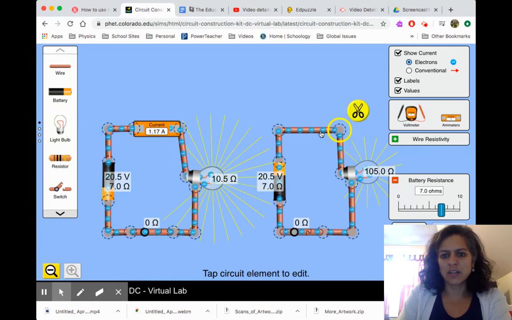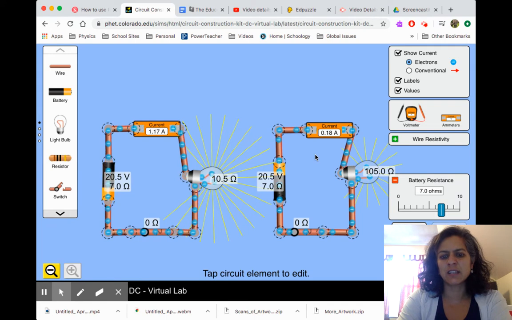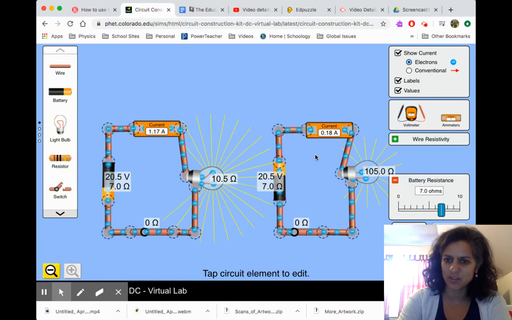Now I'm going to put ammeters in each of these circuits, and you can see that for both of these circuits the voltage drop across the bulbs is going to be 20.5 volts, because that's how much is provided by the battery. But because the one on the right has more resistance, it's going to have less current according to Ohm's law.